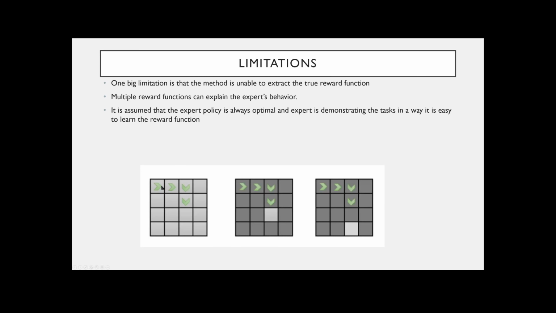You could have this expert trying to reach either this square or this square. But it is not certain which reward function the expert is trying to maximize by just following the expert's behavior. It is also assumed that the expert policy is always optimal, and that the expert is demonstrating the task in a way that makes it easy to find the reward function.